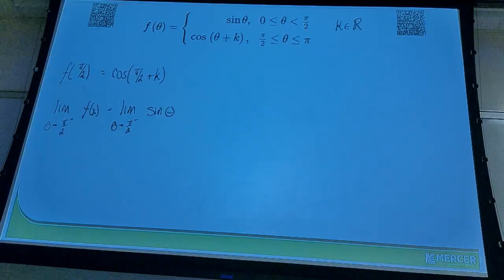Yes. This limit then is just sine of pi over 2, which equals what? Isn't it root 2 over 2? Oh, it's 1. Pi over 4 is root 2 over 2.